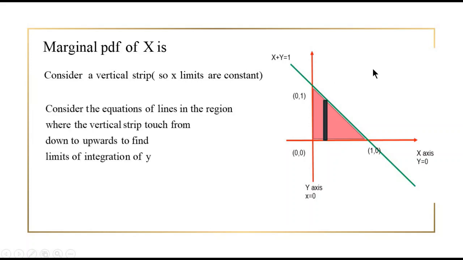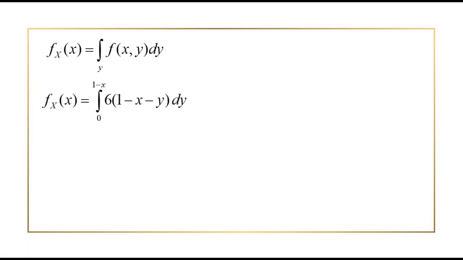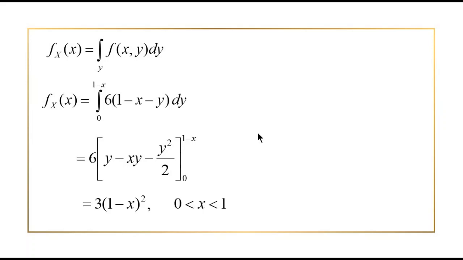Since we got the limits of y, we can integrate the joint PDF with respect to y to get the marginal PDF of x. Now once you integrate, you get a function of x, and the limits of x are from 0 to 1. You got these limits by considering the vertices of the triangle, the region where our joint PDF is defined, and you know x varies from 0 to 1 considering those vertices.